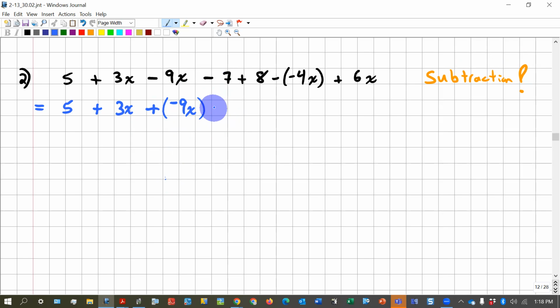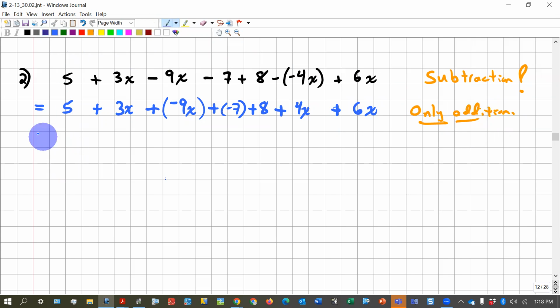Subtracting positive 7 is the same as adding negative 7. Then we're adding 8. But subtracting negative 4x is the same as adding regular old positive 4x. And lastly, we're adding 6 times x. Now we have only addition. No subtraction anymore.